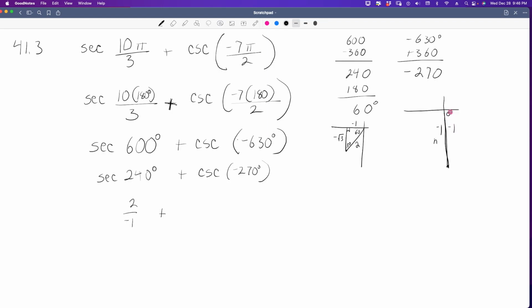So 0 would be your adjacent, and this would be your opposite. So this is your adjacent side, and this is your opposite side. So that's going to help us figure this out.